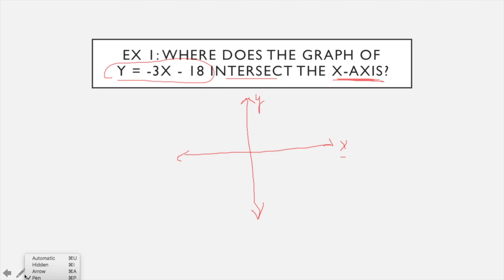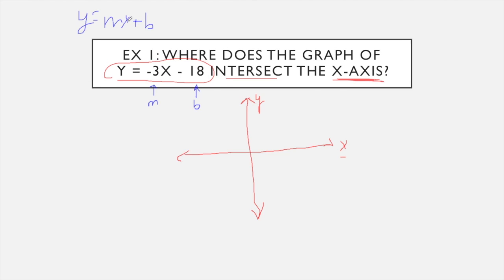If I change my color, we know it has a y-intercept of -18. That is b, our y-intercept. It also has a slope of -3. That is the m. Of course, this is in the form y equals mx plus b.